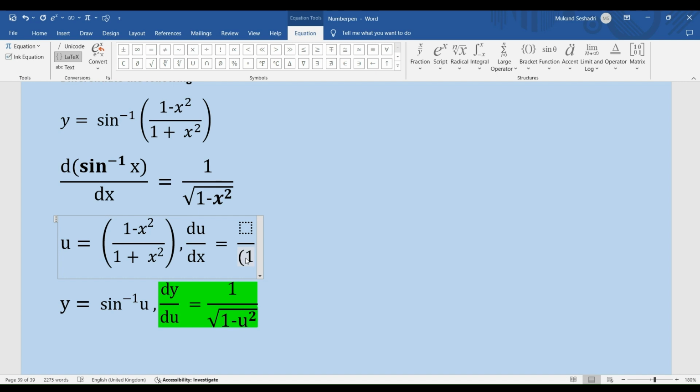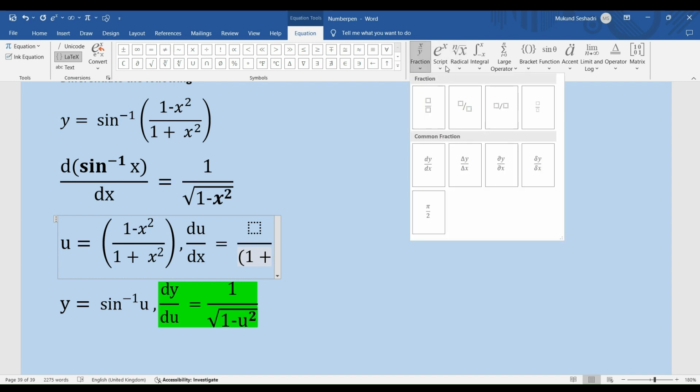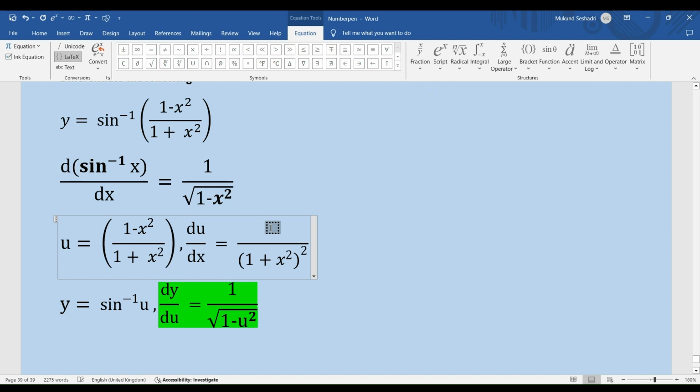So the way we do this is square the denominator, and whatever I have in the denominator, I write it as it is.